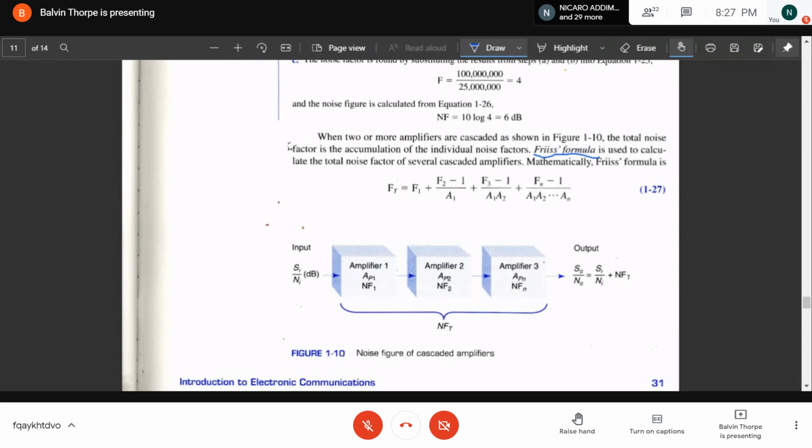So the noise factor F in this case equals F1 plus the noise factor of the second amplifier minus 1 over the gain of the first amplifier.